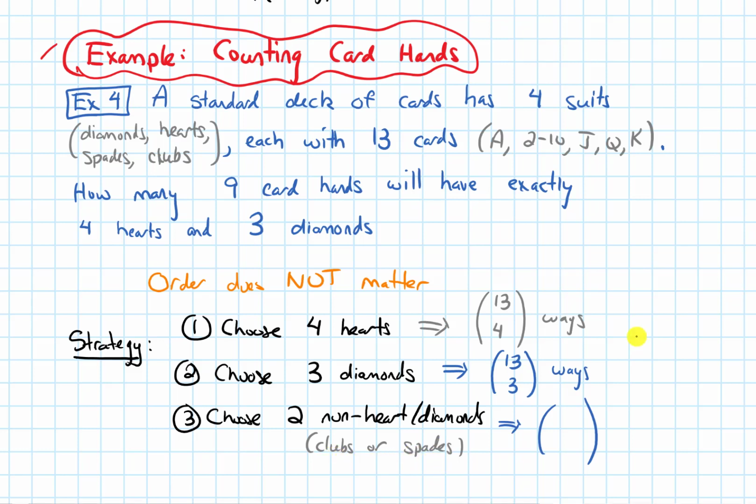Well, there are 26 clubs or spades, because there's 13 of each. There's 13 clubs, there's 13 spades. So if I want to count how many there are overall clubs or spades, I add 13 plus 13 to get 26. So I'm picking from a pool of 26 cards that are clubs or spades, but I only need to choose 2 of them. So I'll have 26 choose 2.